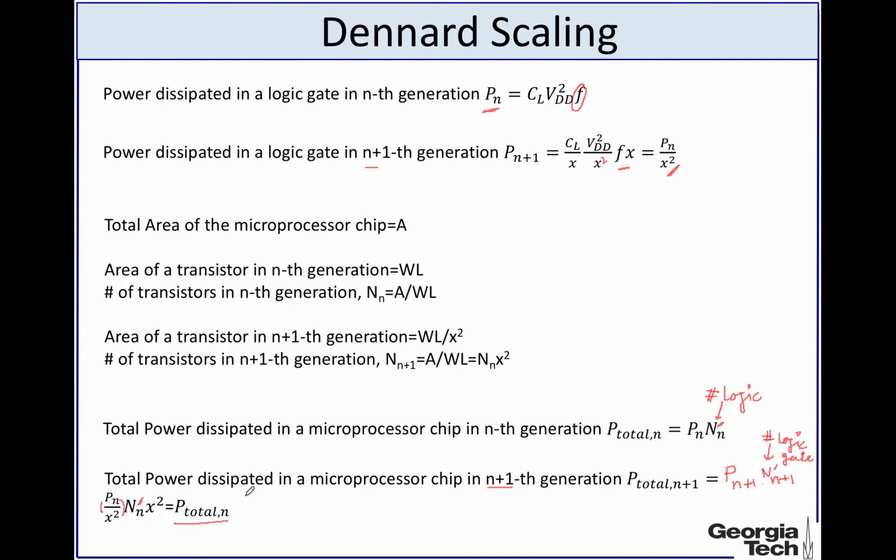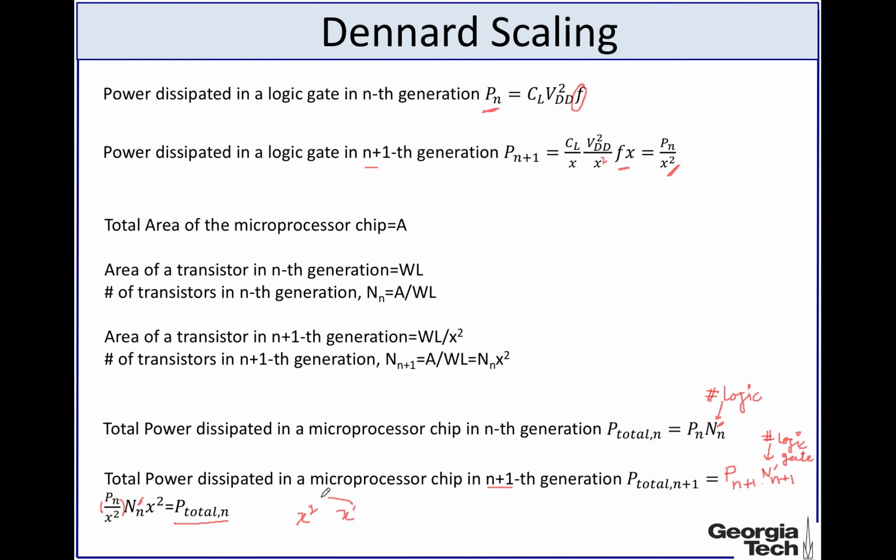Now note there are multiple things. Firstly, in the n plus 1 generation, the total number of logic gates or total number of transistors is higher by a factor of x squared compared to that in the nth generation, and also the frequency of the n plus 1 generation microprocessor is a factor of x higher.